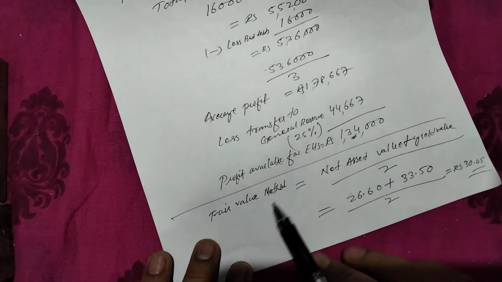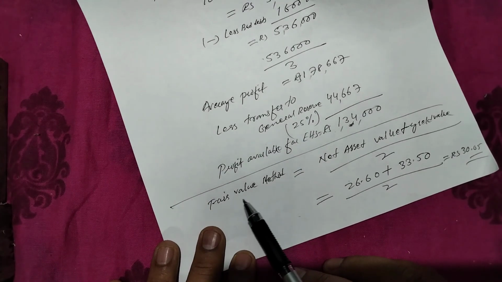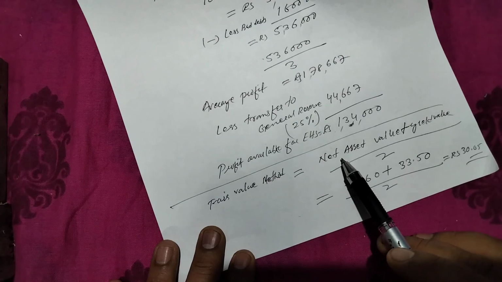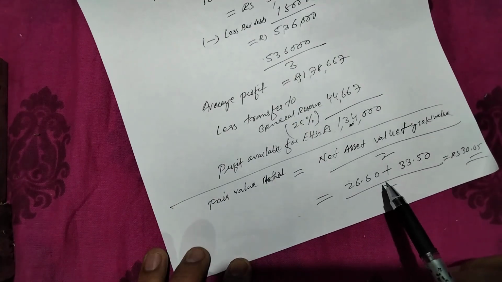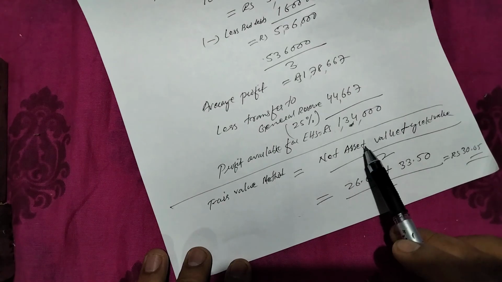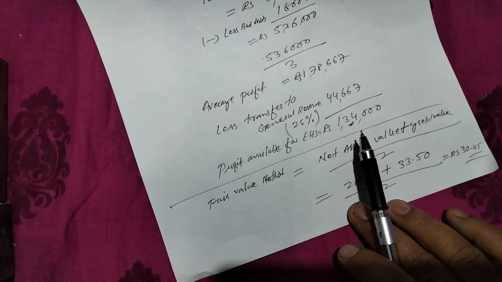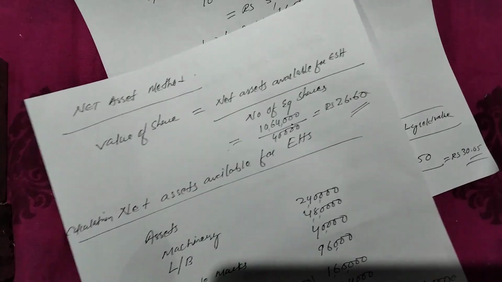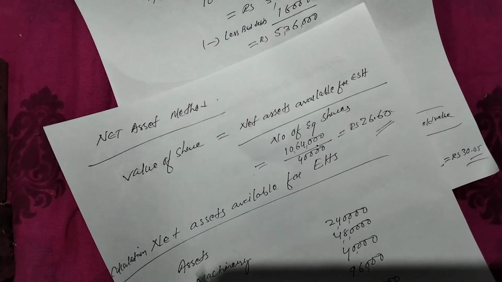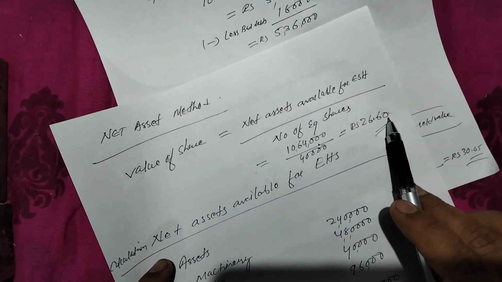Now in a similar way, you can find the value of share through the fair value method. That is simply net asset value plus yield value divided by 2. So you need net asset value. How much was net asset value? Earlier we found that: value of share through net asset is 26.60.